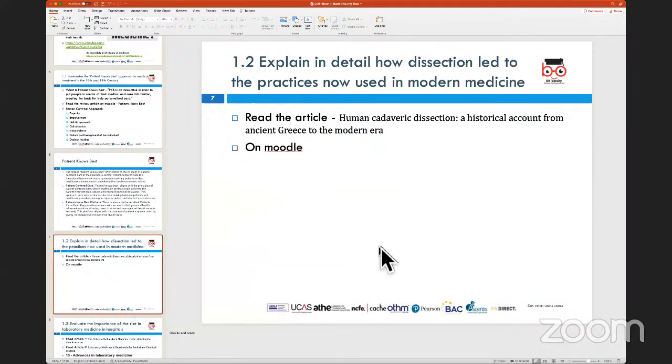So let's go back to assessment criteria 1.2. Now, assessment criteria 1.2 talks about explaining in detail how dissection led to the practices now used in modern medicine. When I did my biology in school, one of the things that I did in year 10 and year 11 was primarily understanding what dissection is.